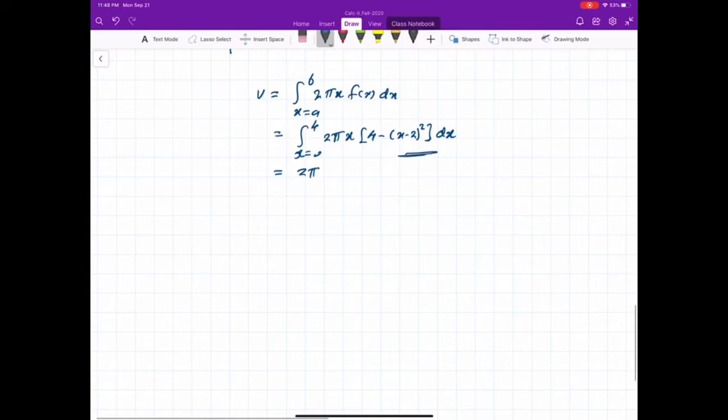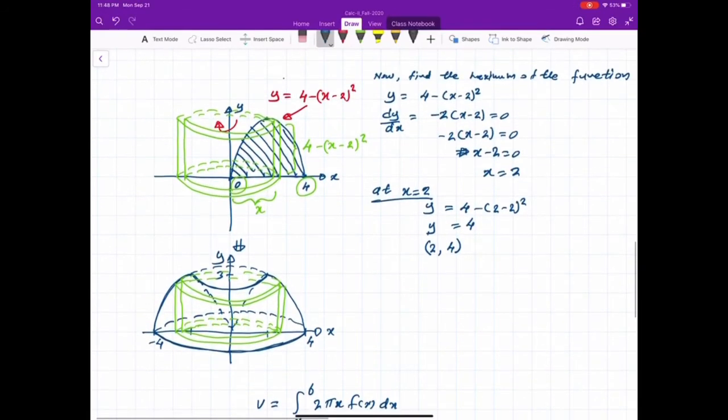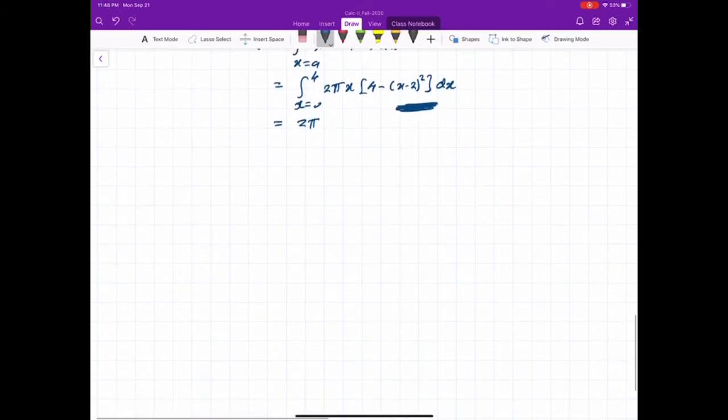Once you are here, that is simple integration. Setting up this equation is a little hard, I know that. So you have to just learn from the beginning. I explain step by step how to set up this equation.